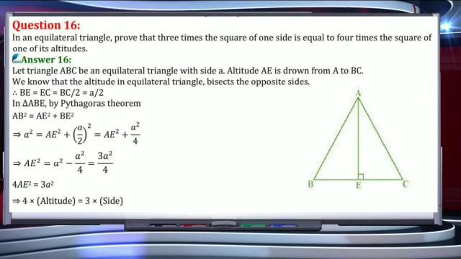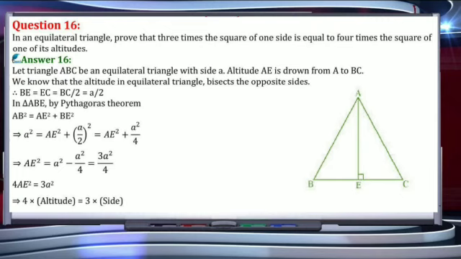So in this triangle, first we will draw the altitude, say AE, which is perpendicular on BC. Again we will use that special property of an equilateral triangle, that its altitude and the median are one and the same. So we are using the Pythagoras theorem in the triangle ABE.